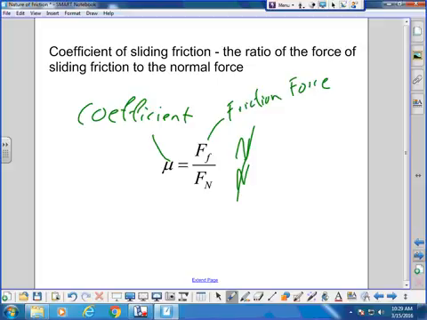When you put on winter tires, you're changing the coefficient of friction because the rubber is softer and grippier, right? When the town crews throw sand on the streets, they're making the surface rougher, they're changing the coefficient. And when you change the coefficient, that increases the friction force. Okay?